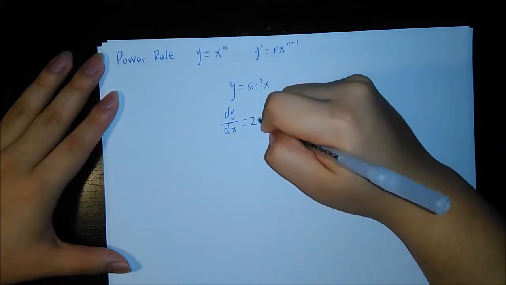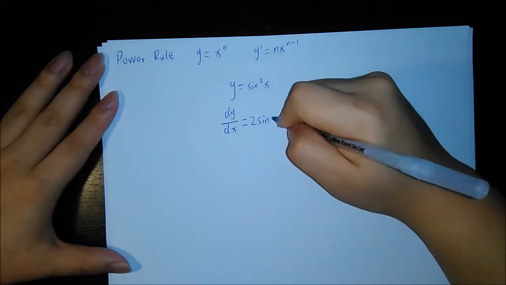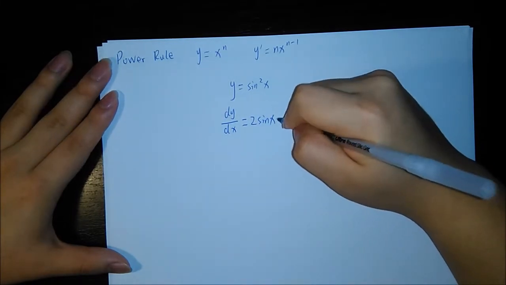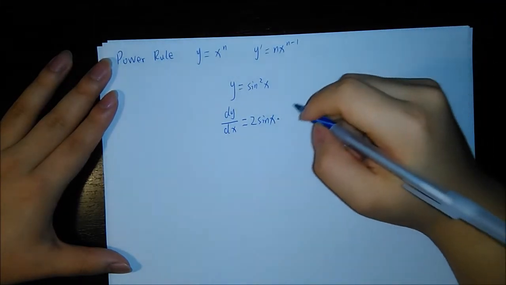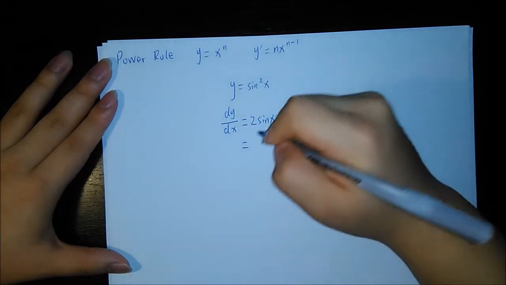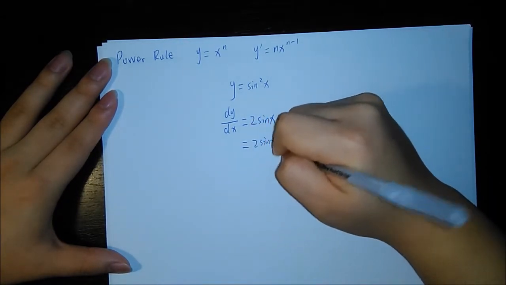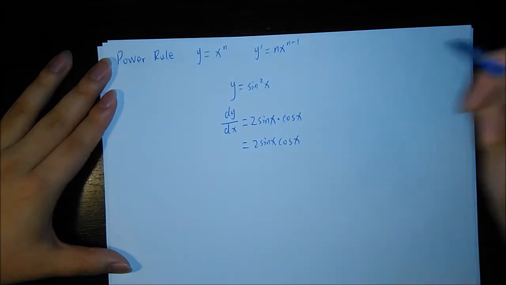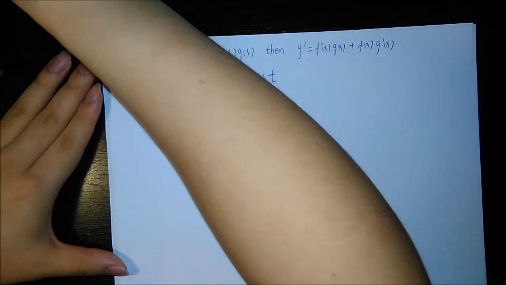So here we get two times sine x, and times the derivative of sine x, which is cosine x. So it's equal to 2 sine x cosine x.